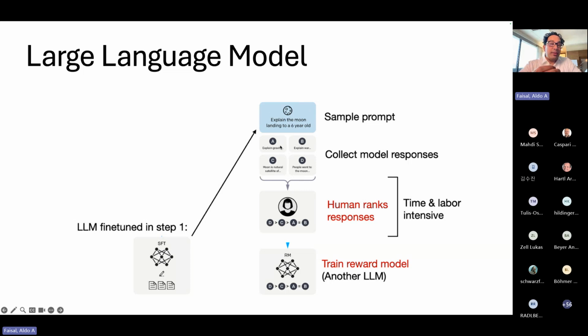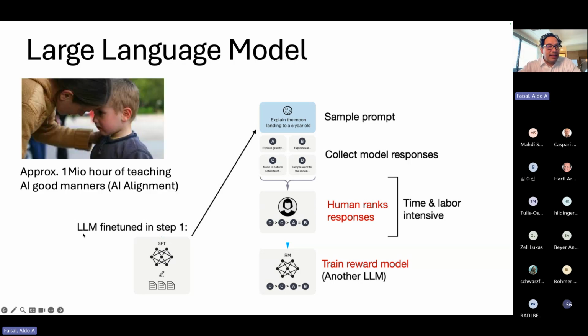And then you need humans that go and look at these answers and tell the system, this is a sensible answer, this is a nonsensical answer, this is an inappropriate answer. We all have heard the cases where ChatGPT said illegal or wrong things that it shouldn't have said. And basically, it's a bit like training a child of what is allowed to say, what's not right to say, whether things make sense or not.